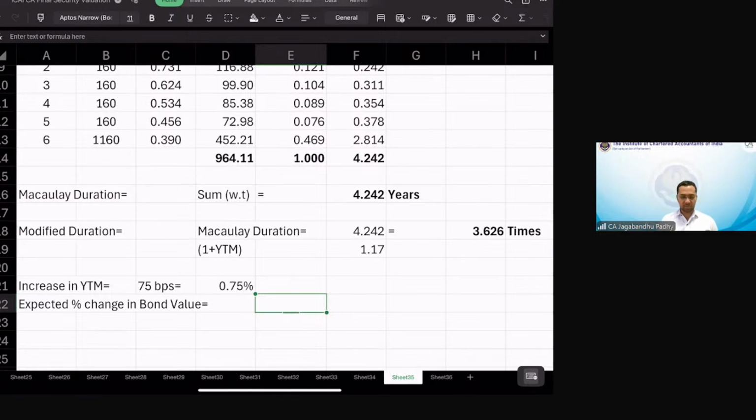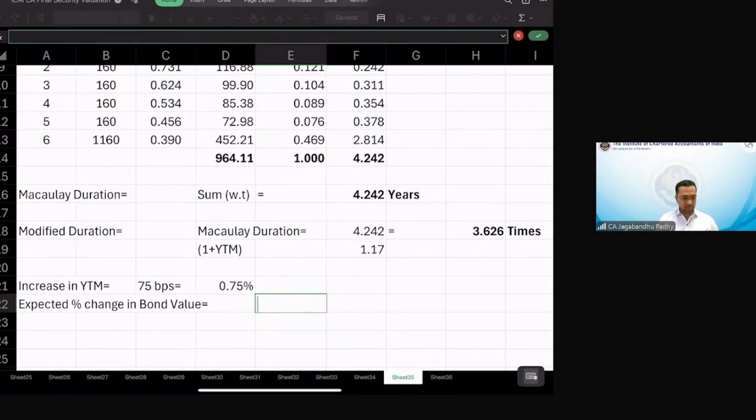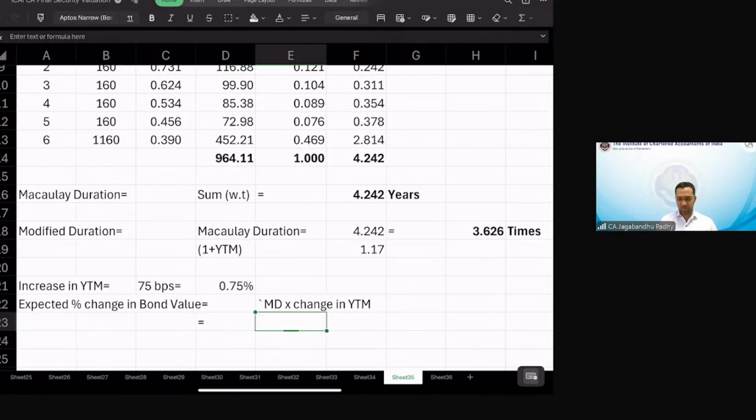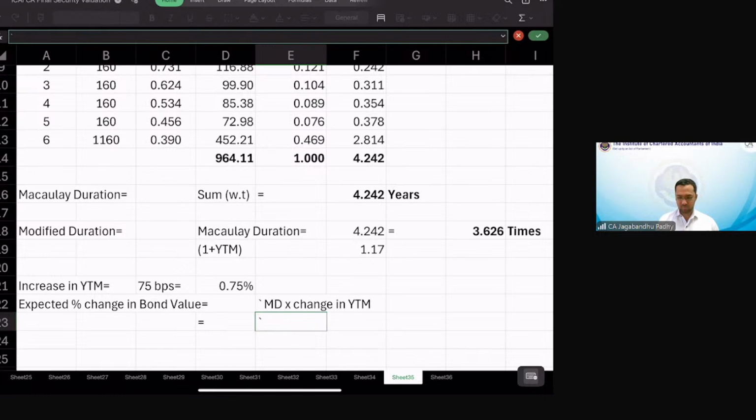Can I say it will be minus modified duration multiplied with the change in YTM, because that is the definition itself. So minus 3.626 multiplied by the change in YTM, which is 0.75%.